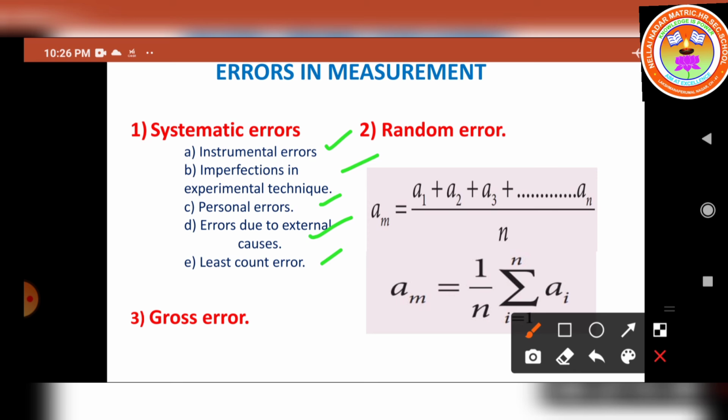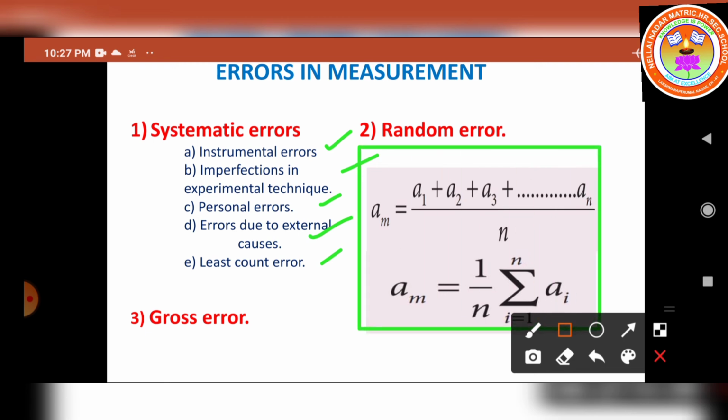Let us consider n number of trial readings are taken in an experiment. And the readings are A1, A2, A3 up to An. The arithmetic mean we can write, Am is equal to A1 plus A2 plus A3 plus up to An divided by n.